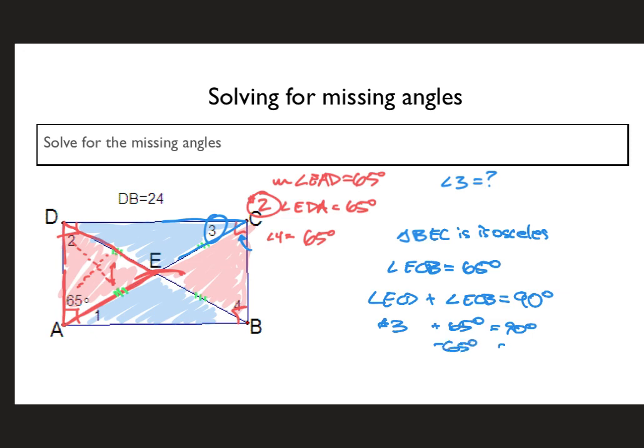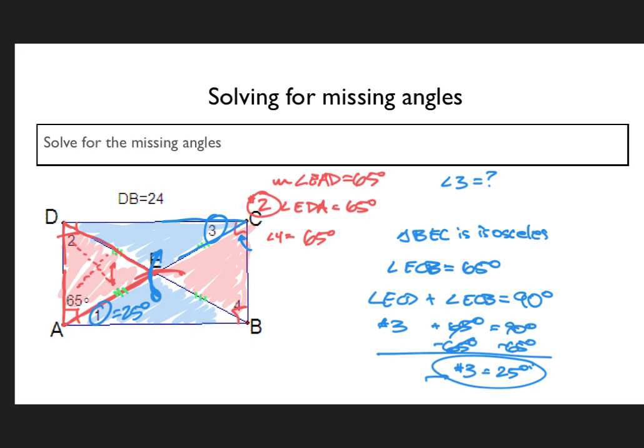We can just solve using some algebra. Some students told me today, algebra is the easy part of geometry. Geometry is the hard part of geometry. And so angle 3 is 25 degrees, okay? And then I can fill that in. Angle 1 is also going to be 25 degrees because these two triangles are congruent isosceles triangles.